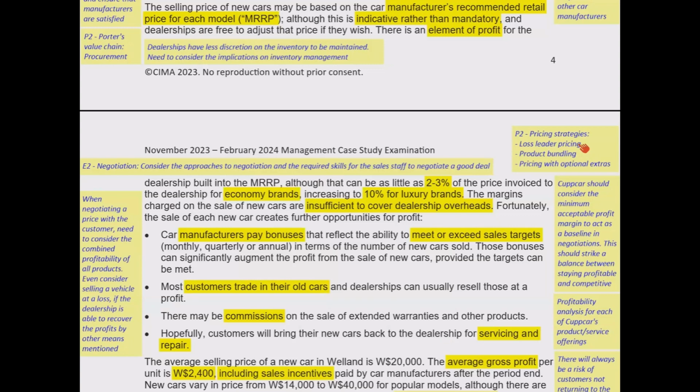Knowing how important it is to get a customer who then buys all the extra things that Cuppcar does, it might be that they might set a low price for the new car sales in order to almost treat the new car as a loss leader to get a new customer who then Cuppcar makes money from everything else they then sell to them through the life of having that customer keep coming back for all the additional services Cuppcar offers.